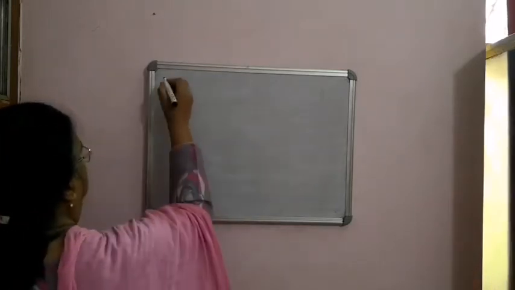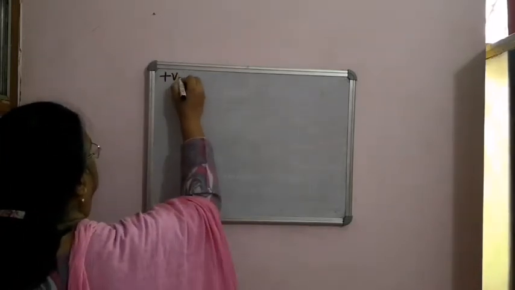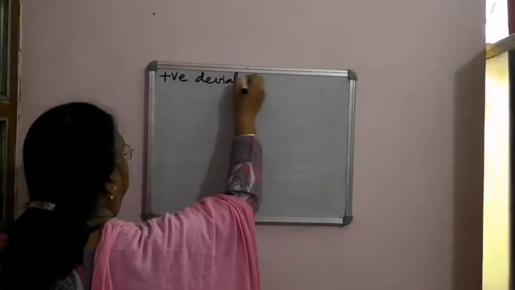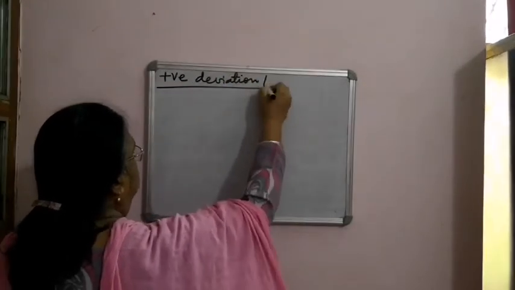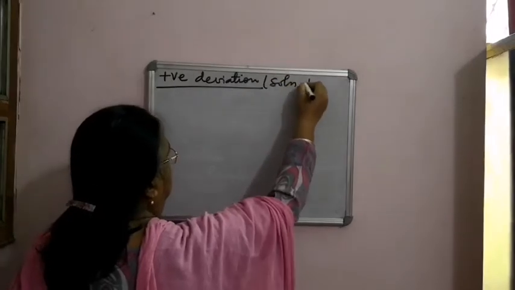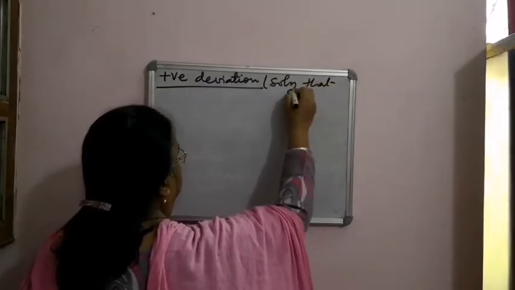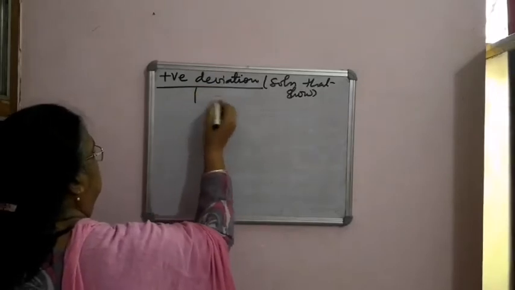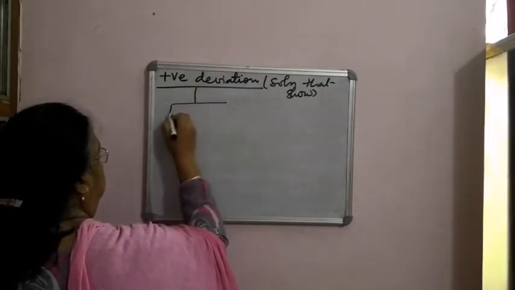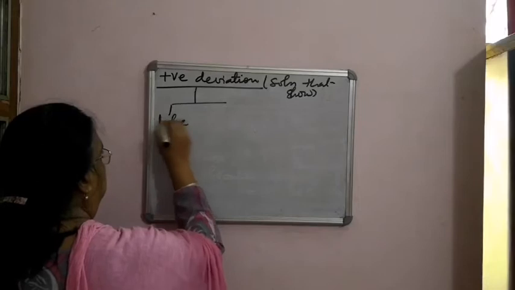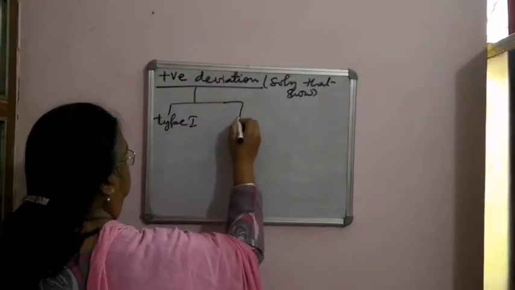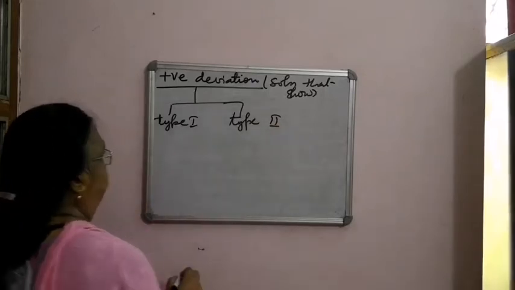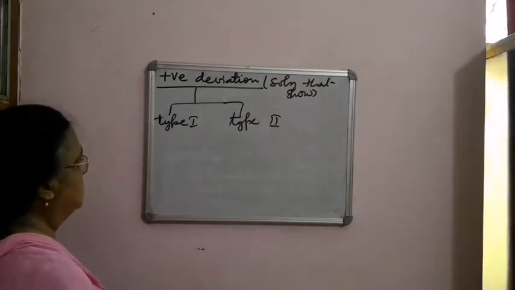So first we'll look for positive deviation. Solutions that show positive deviation are of two types, type 1 and type 2. So what is type 1?